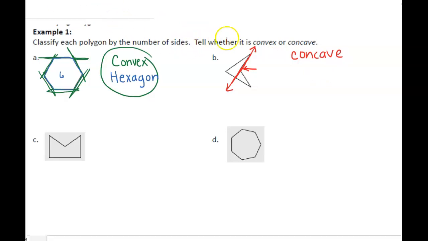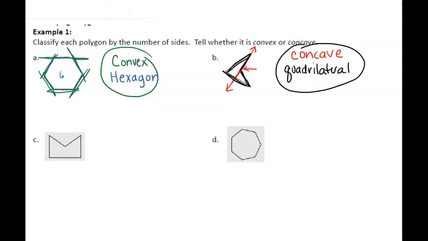We have one side here, two sides, three sides, four sides. All four-sided polygons are called quadrilaterals. So we would call B a concave quadrilateral.